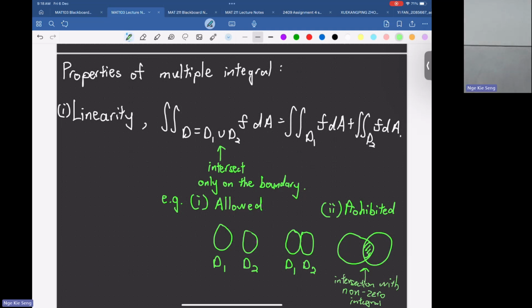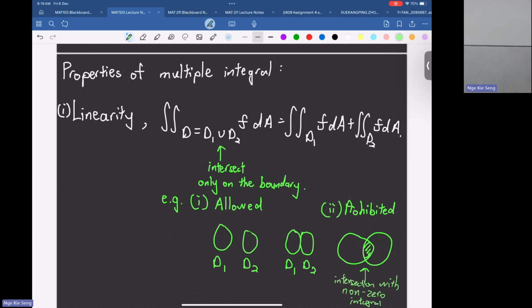In a later course, you will learn something called measure theory. There, this boundary line we will call a measure zero set, because the integral on this intersection is zero. But if you intersect more than the boundary, the intersection could be non-zero.